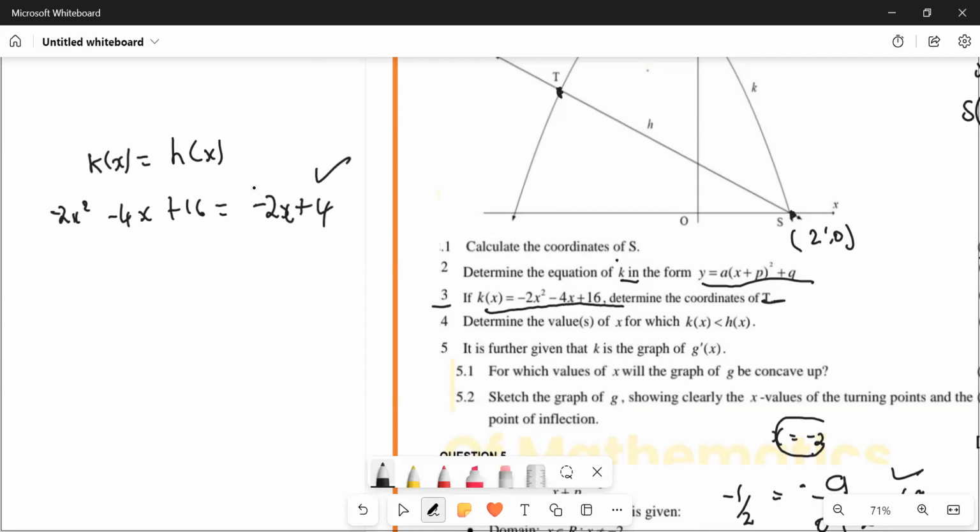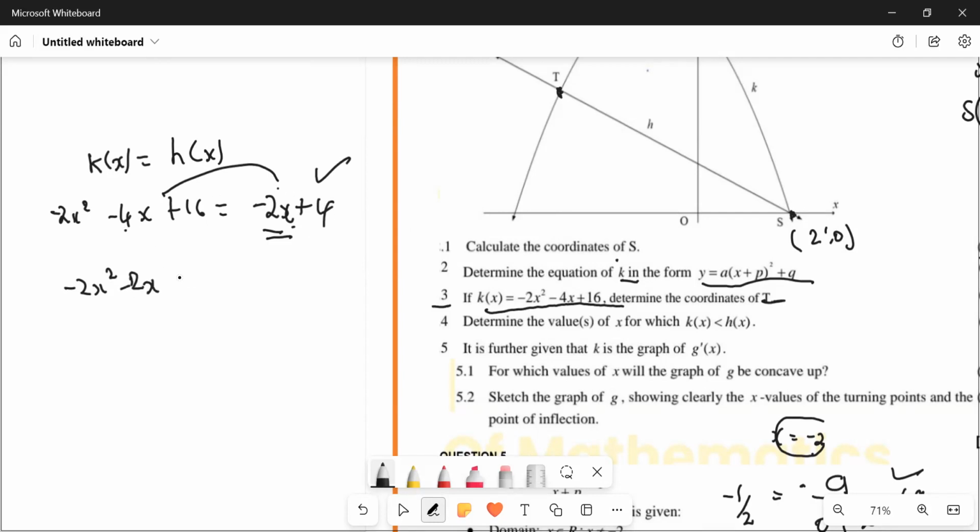Grouping everything on one side. If you group everything on one side, you are going to take this to the other side, and you have -2x squared. Then this one and this one, if you take this one, it becomes positive again. Then you're going to have -2x.